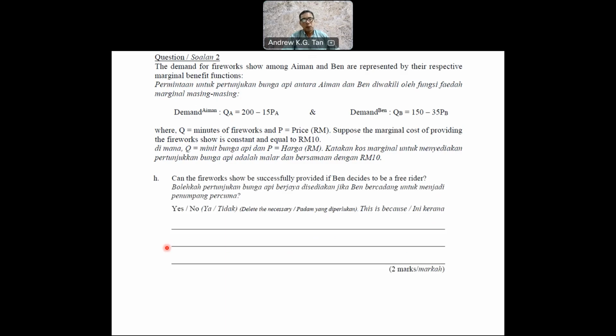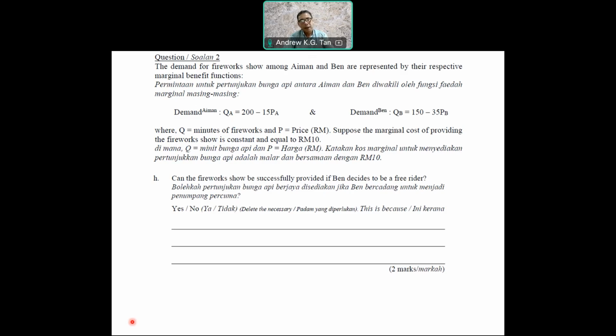H. Can a fireworks show be successfully provided if Ben decides to be a free rider? Kalau Ben ketahui bahawa pertunjukan bunga api adalah barang awam, ia tidak boleh dikecualikan daripada menonton pertunjukan bunga api tersebut, then Ben, to be a free rider, says that I'm not going to pay, I'm not willing to pay. My demand is equals to 0.